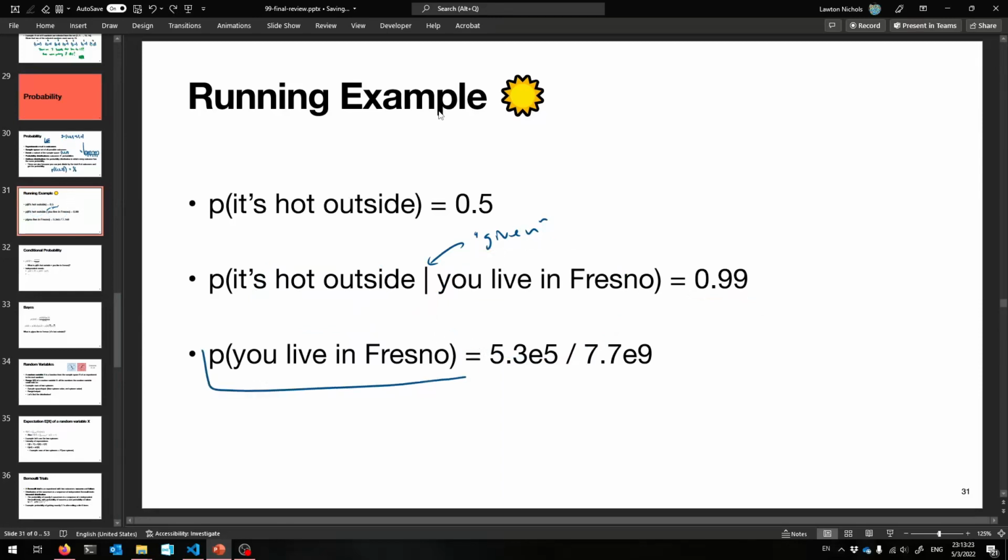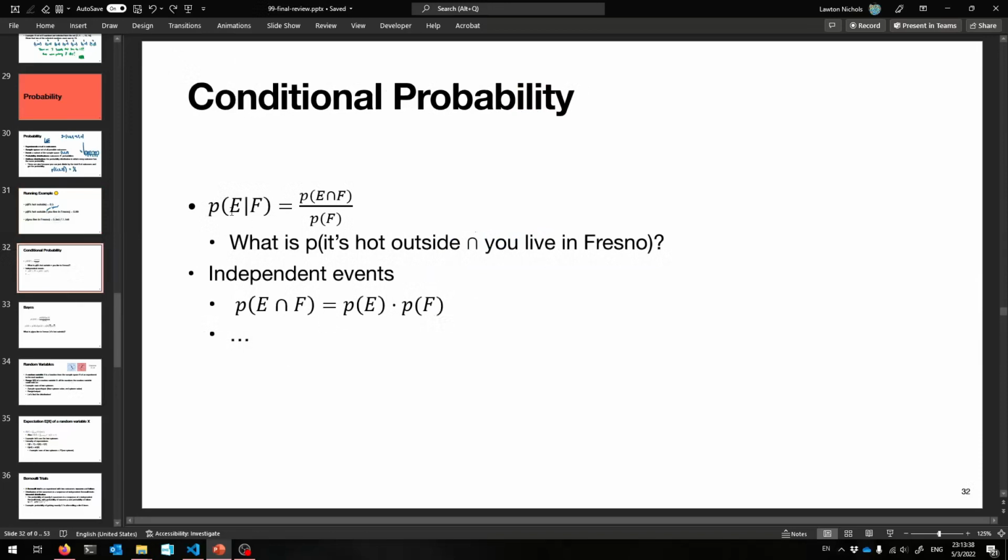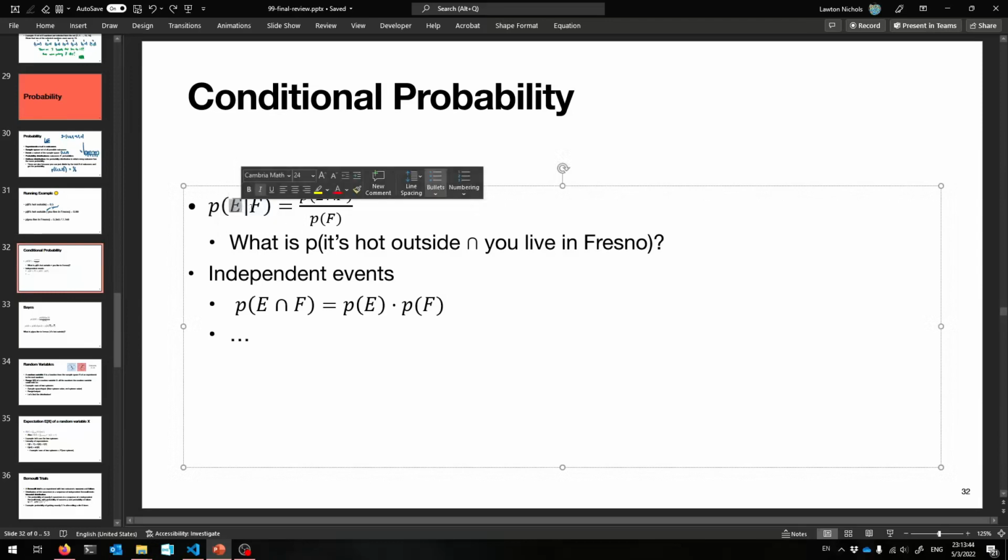So let's also say that the probability of a human living in Fresno is the population of Fresno over the population of the Earth, something like that. So here are some probabilities, and let's use that to remember our conditional probabilities. What does it mean to calculate the probability of some event E given that some other event F has happened?